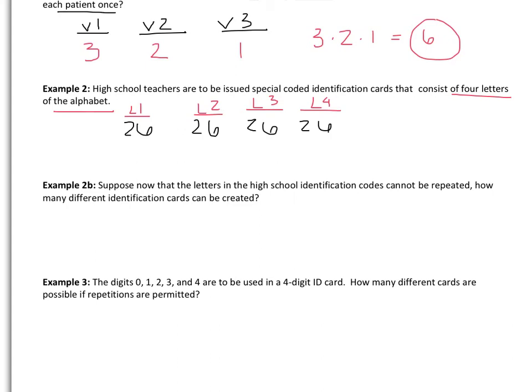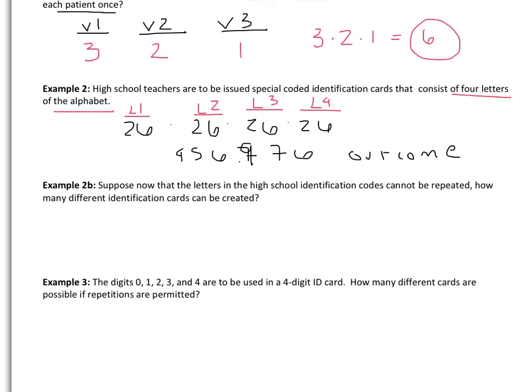So I'm going to do 26 times 26 times 26 times 26, which gives me 456,976 outcomes or possible ID codes.